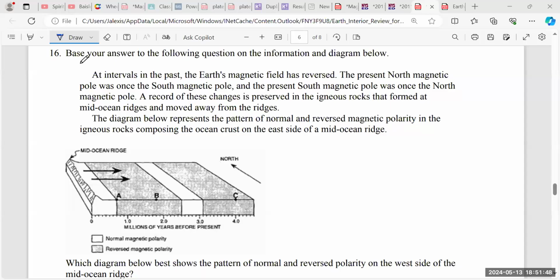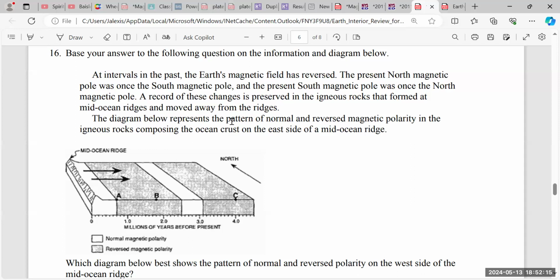Number 16 says, base your answers to the following question on the information diagram below. At intervals in the past, the Earth's magnetic field has reversed. The present north magnetic pole was once the south magnetic pole, and the present south magnetic pole was once the north magnetic pole. A record of these changes is preserved in the igneous rocks that formed at mid-ocean ridges and moved away from the ridges.